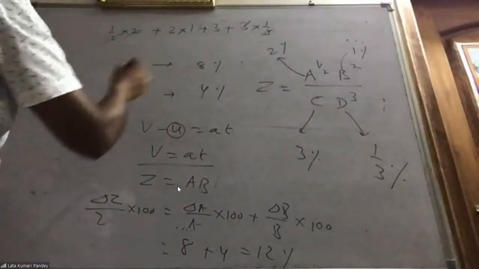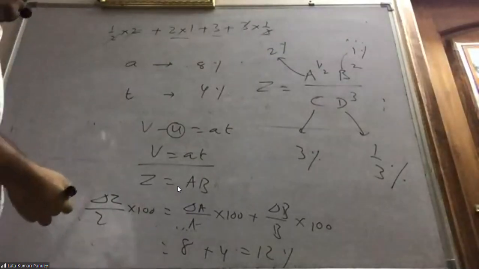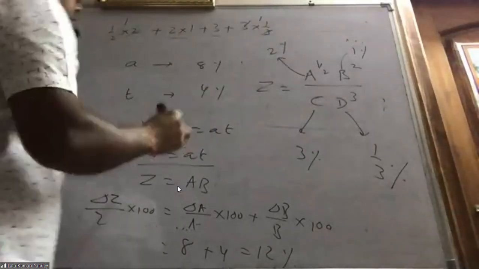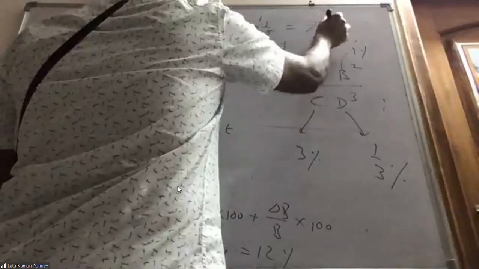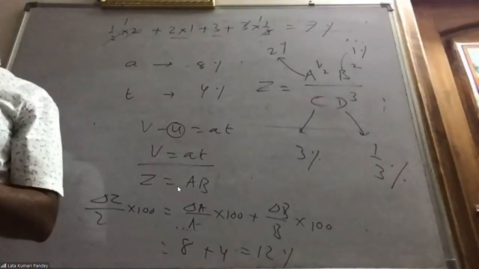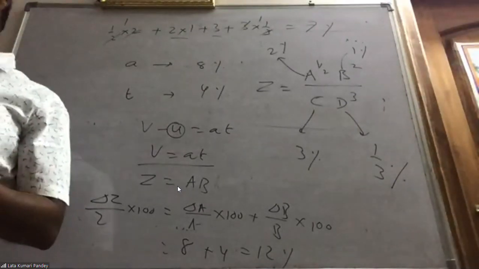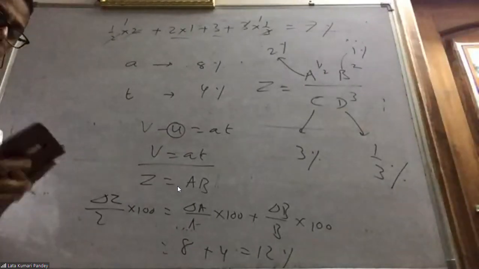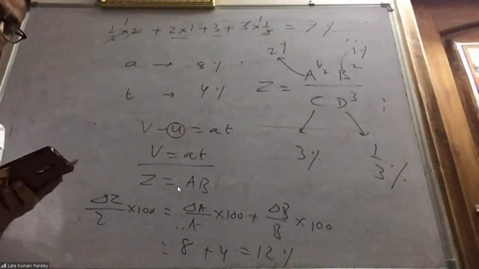And this will cancel. 3 plus 2, 5, 5 plus 1, 6, 6 plus 1, 7. So the answer is 7%. Everybody? Got it?